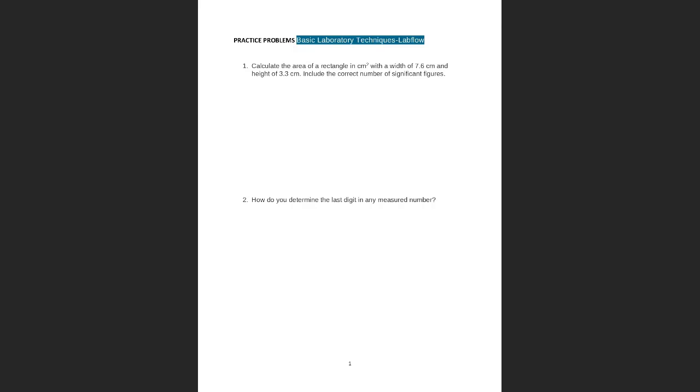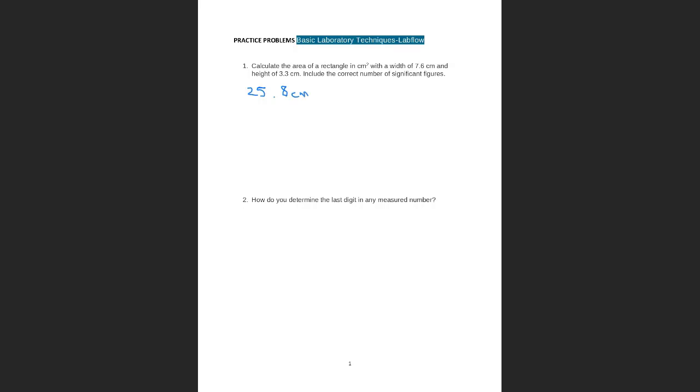Okay, that's just the area of the rectangle. Right. And that is length times width. Exactly. 25.08 centimeters. 25 point what? 0.08.